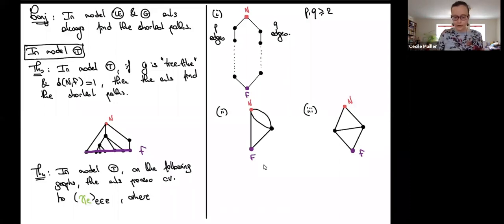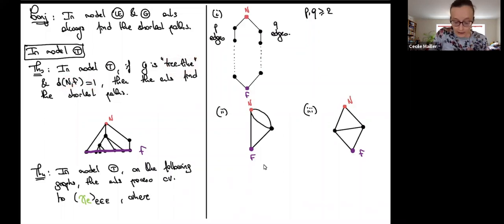Okay. So the first graph we looked at is this graph here. Why did we look at this? Because we thought, okay, in theorem 3, the assumptions on G were that the graph was tree-like and that the distance between N and F was equal to 1. And the question we ask ourselves is what happens if we remove just this assumption, but we keep the fact that the graph is tree-like.